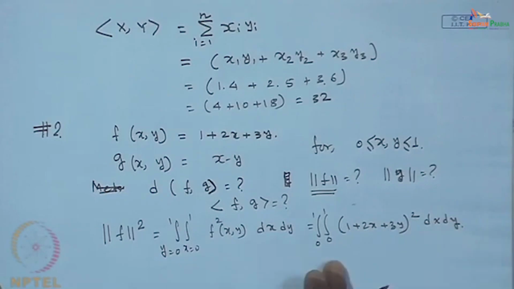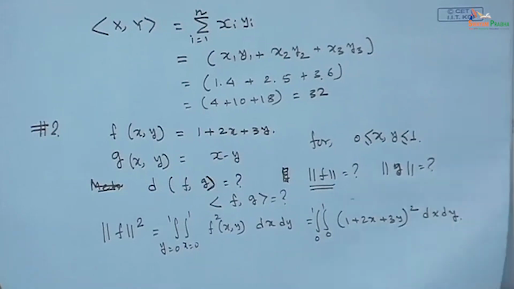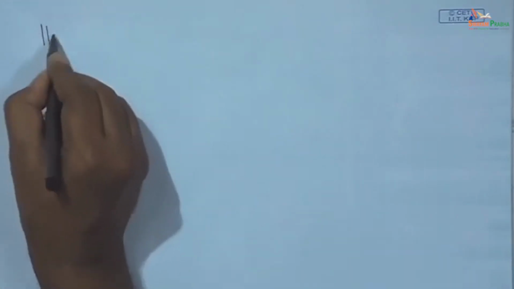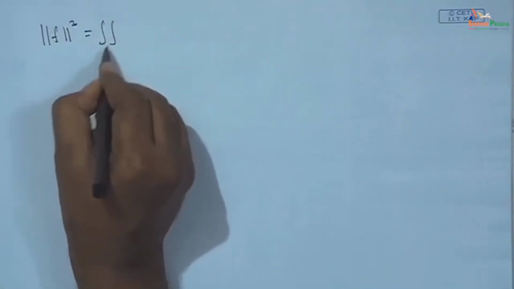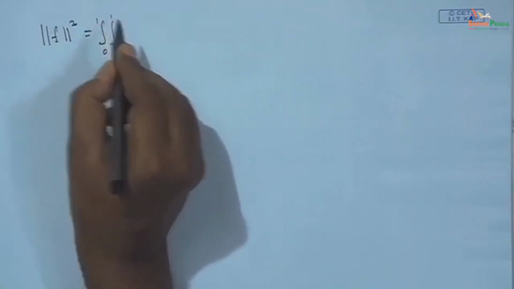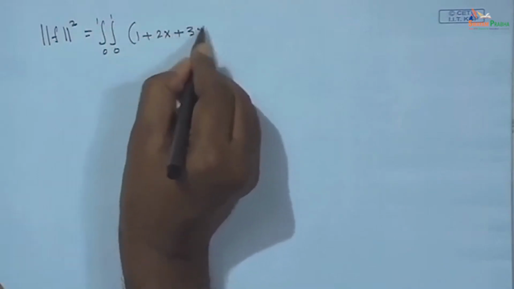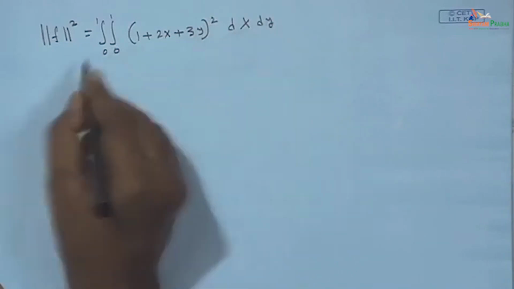Basically, you have to carry out this integral and find the answer. Let us see what we get. The norm of f squared is the integral from 0 to 1, integral from 0 to 1, of (1 plus 2x plus 3y) squared dx dy.